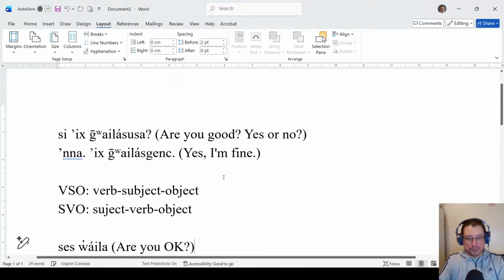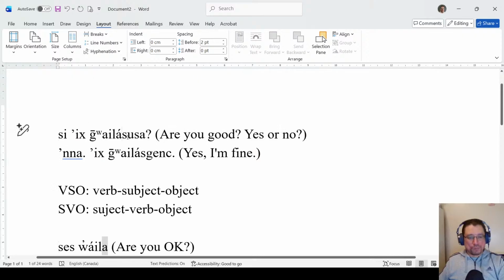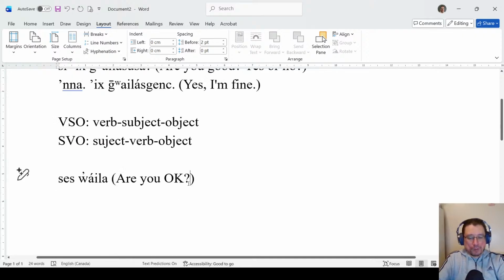I'm just separating this with brackets. So this is saswela, and this means are you okay? But this A at the end is very much like susa or susha. So this is also a yes or no question.